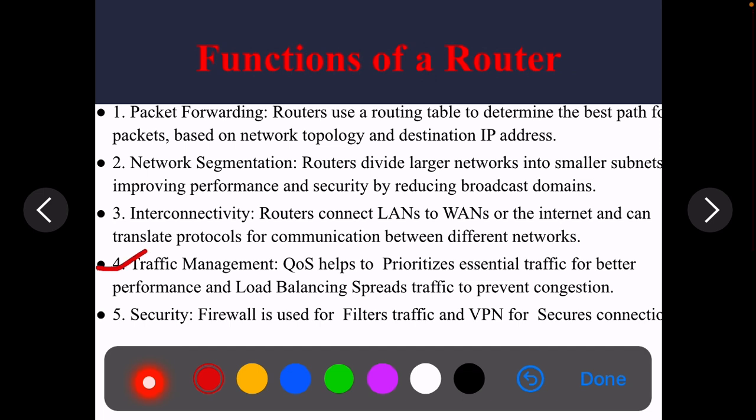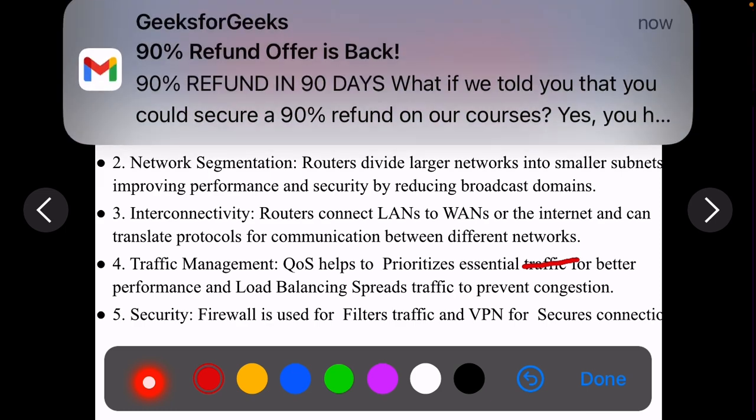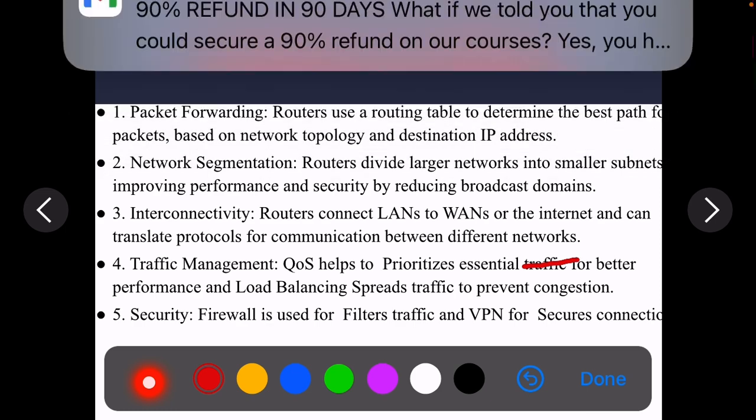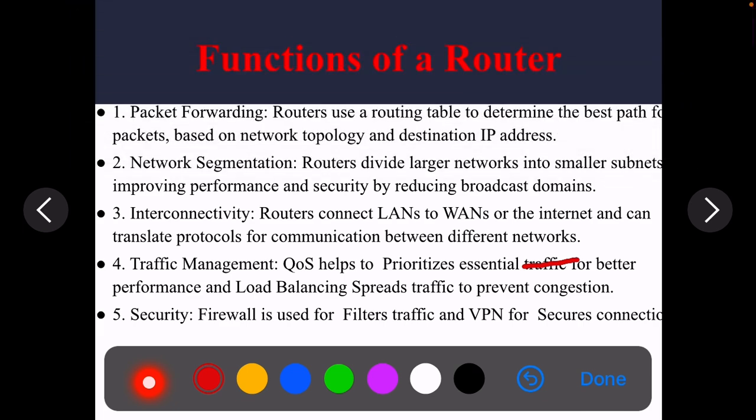Then next is traffic management. In traffic management, quality of service and load balancing are there. Quality of service helps to prioritize essential traffic for better performance, and load balancing spreads traffic to prevent congestion. What it exactly means: quality of service means routers can prioritize traffic to ensure that critical applications receive the necessary bandwidth and low latency.